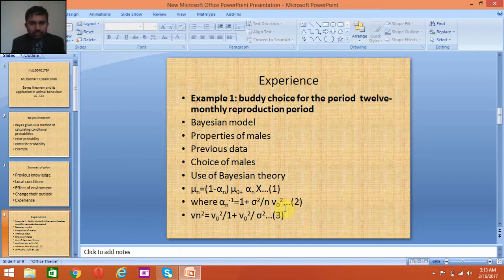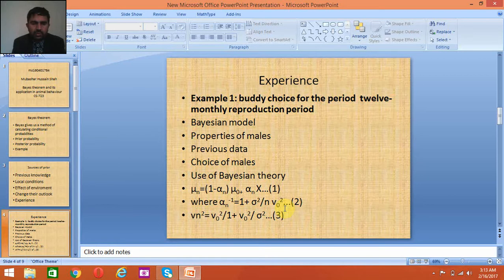With the help of Bayesian theory, let us consider that mu n is equal to 1 minus alpha n into mu naught plus alpha n into x. What is x? x is the number of all the choices, where alpha n minus 1 is equal to 1 plus sigma square over n v naught square.